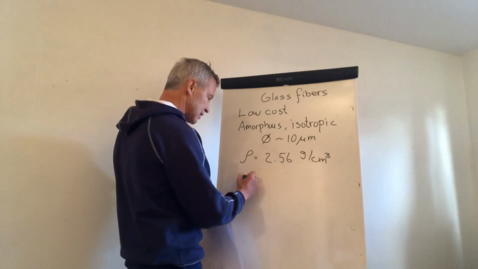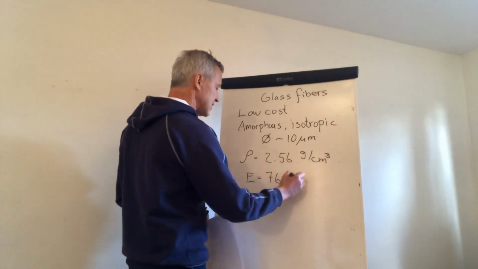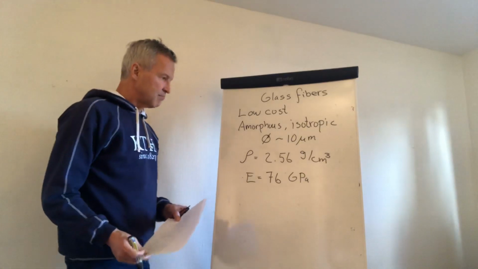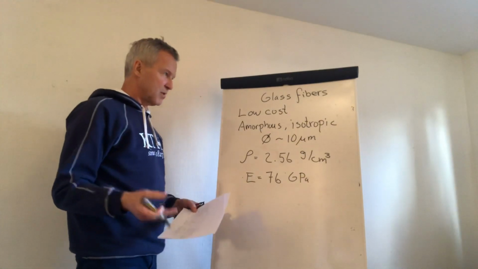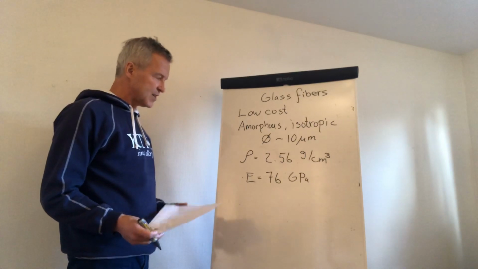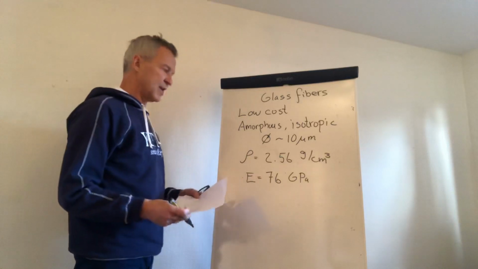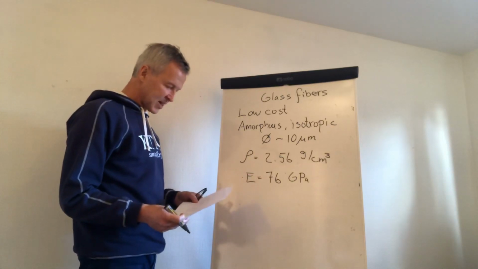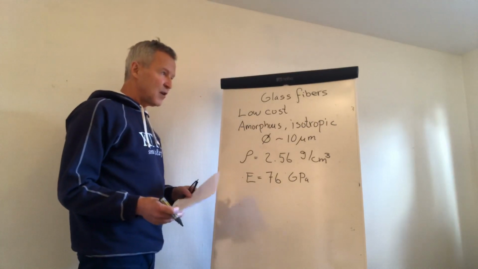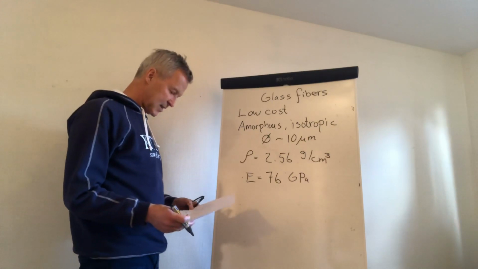Typical value for Young's modulus is 76 gigapascal, so we can put that in perspective. The most common form of carbon fibers have 250 gigapascal, steel has 200 gigapascal, but 76 gigapascal is still reasonably good. We know the polymers have something like 3 or 4 gigapascal in modulus in the glassy state.